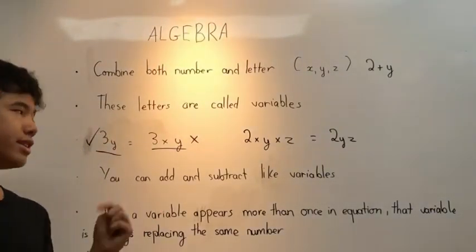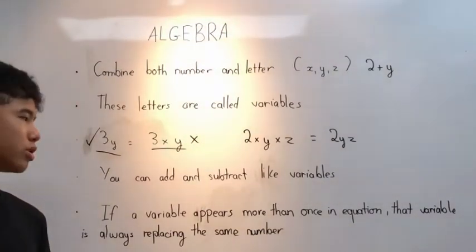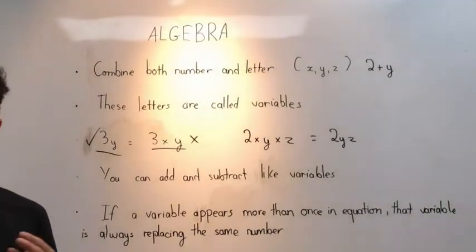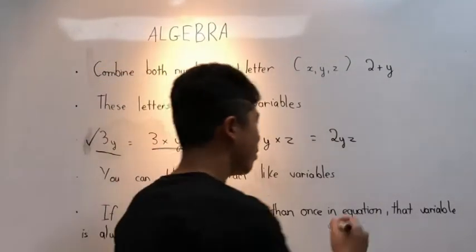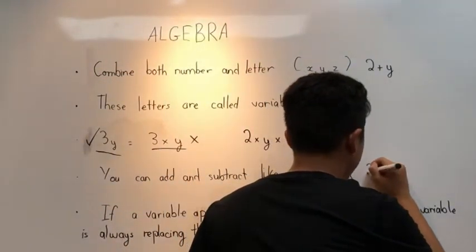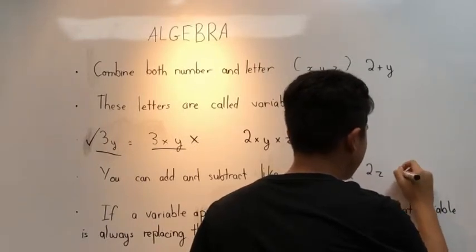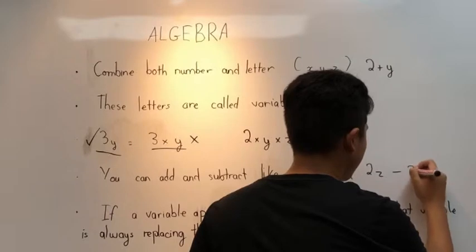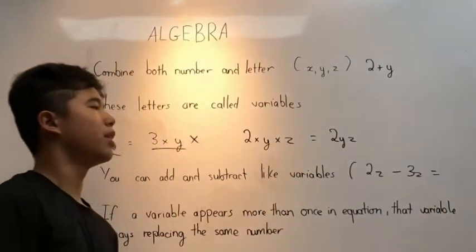You can add and subtract like variables. The variables that are the same as each other, you can subtract them. For example, we have 2z minus 3z. What will it be equal to?